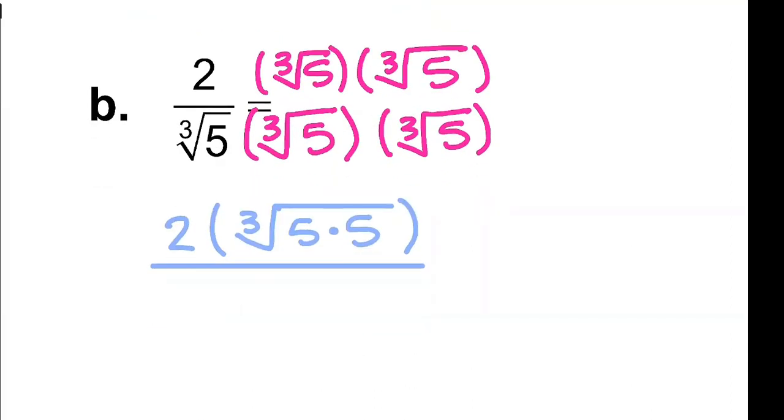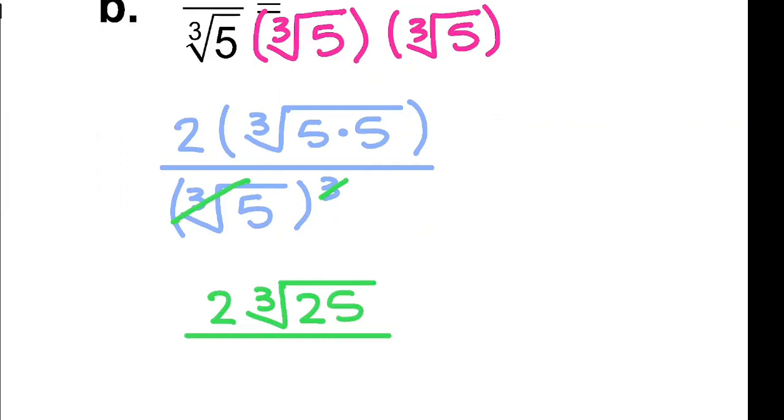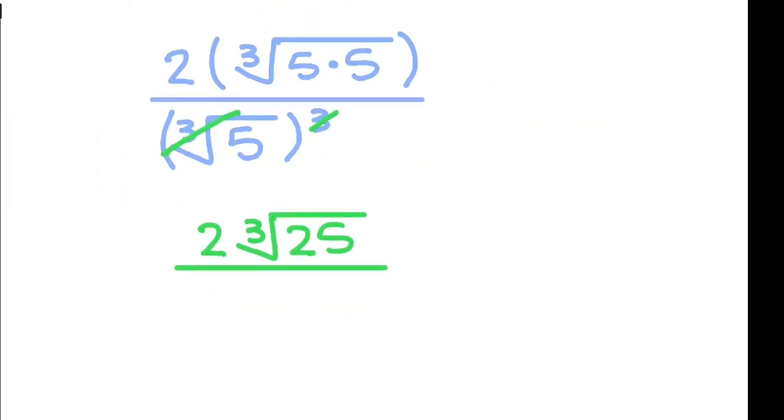And then on the bottom, you're going to have the cube root of 5 cubed. And we said, what happens with your index and your power being the same? They cancel out. So these 2 would cancel. On the top, you're going to have 2 cube root 25. On the bottom, you're just going to have 5.